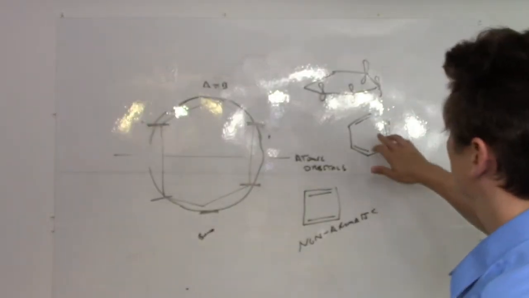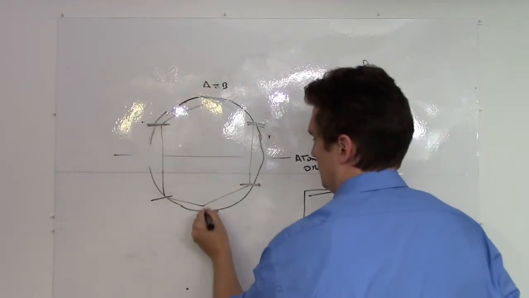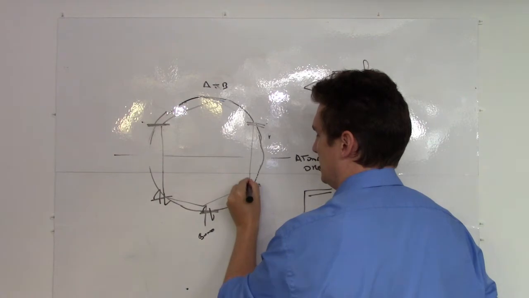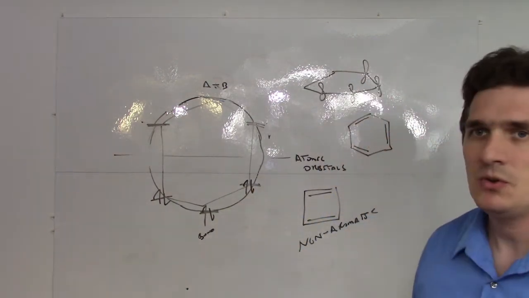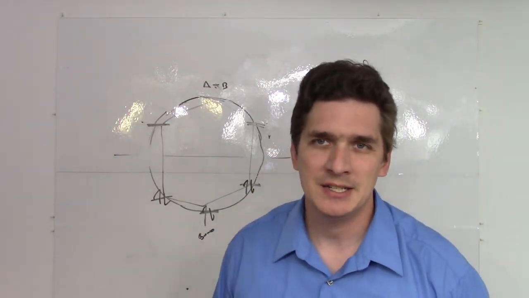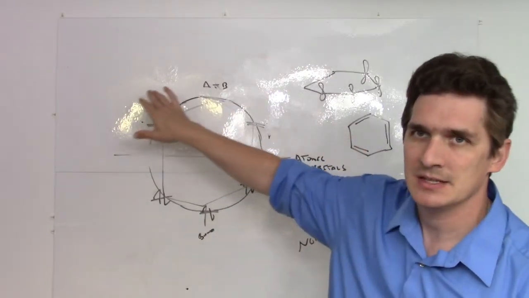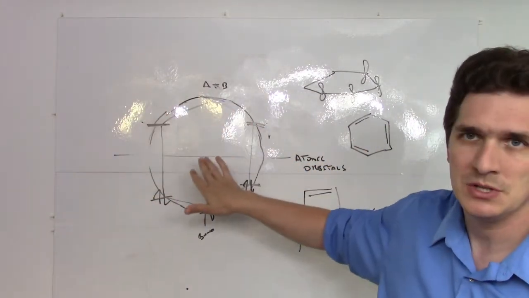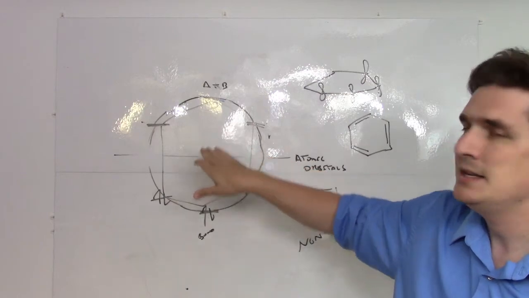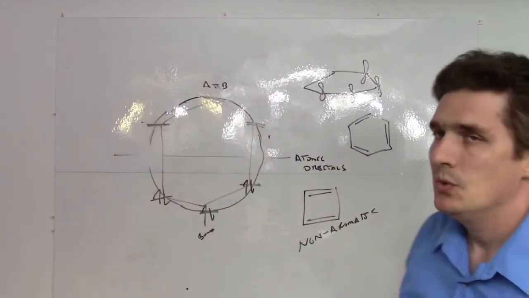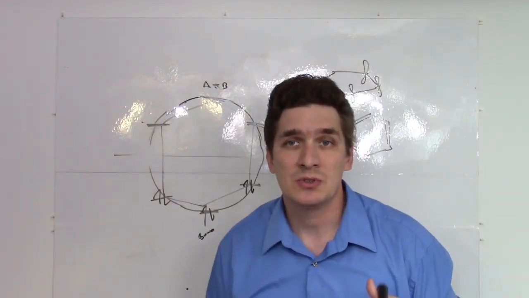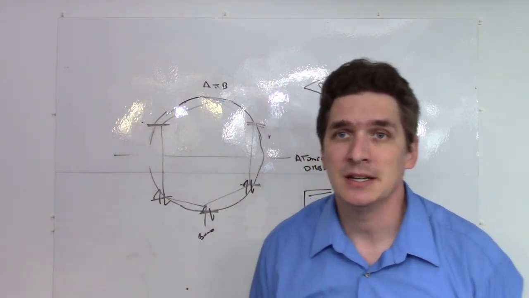Now, 6 electrons. 1, 2, 3, 4, 5, 6. So in terms of the orbitals associated with that conjugated pi system in benzene, we see that we've got 6 molecular orbitals we could generate. 3 are bonding, 3 are antibonding, and in the case of benzene, we actually have all 6 electrons in bonding orbitals. So that's what makes this compound aromatic.